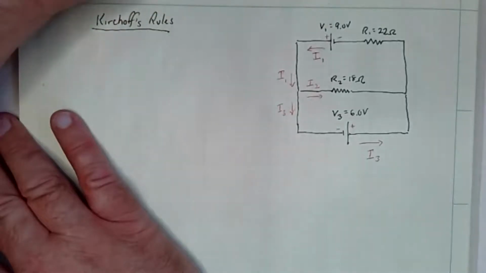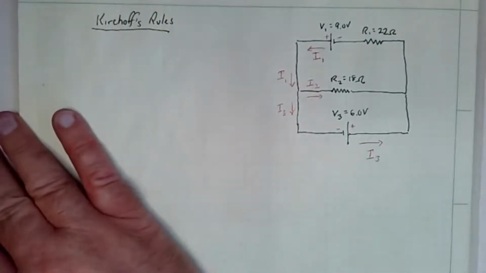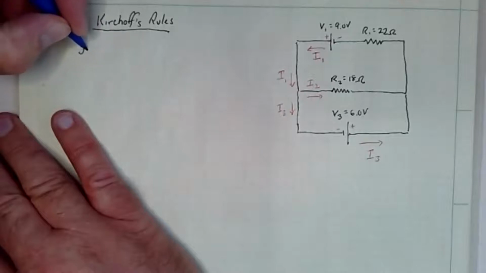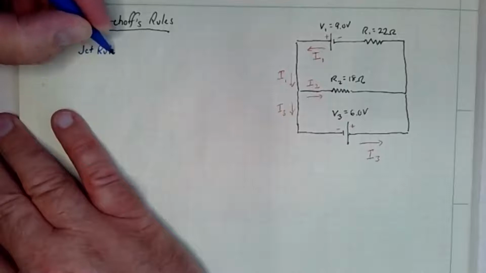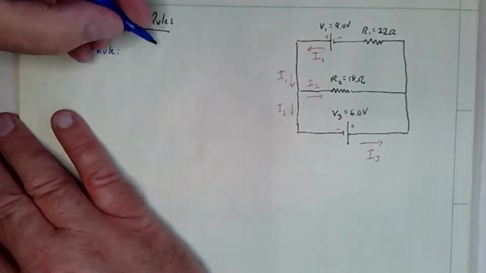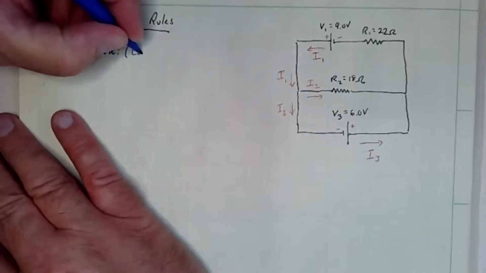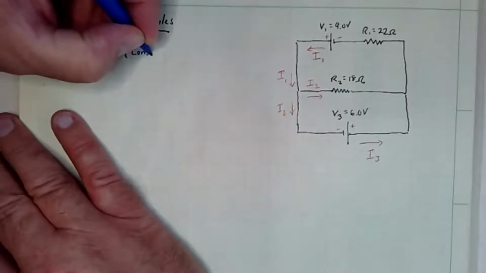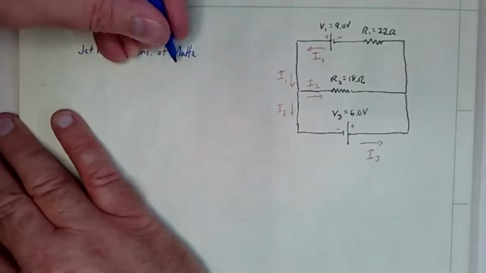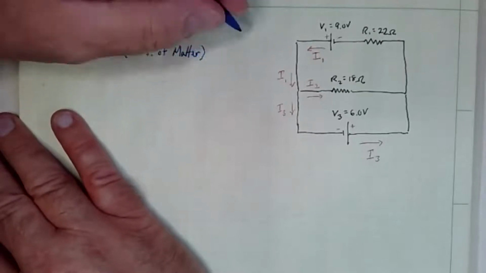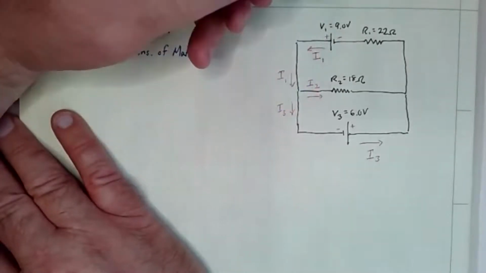Now, the junction rule is really just conservation of matter. So like I said, it's not anything new, it's just conservation of matter. So we have this junction and charges are coming into the junction and charges are leaving.